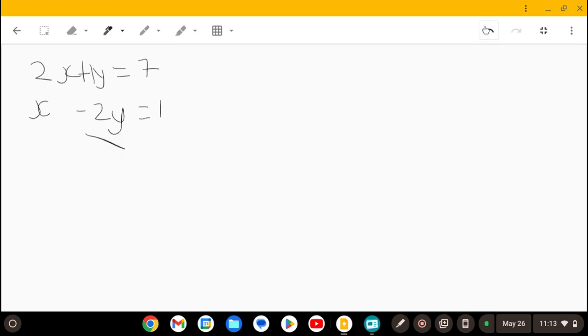So what we need to do is get them to be the same in order to get rid of them. The coefficient 1 is different from 2. To do that, let's label these as equation 1 and equation 2.